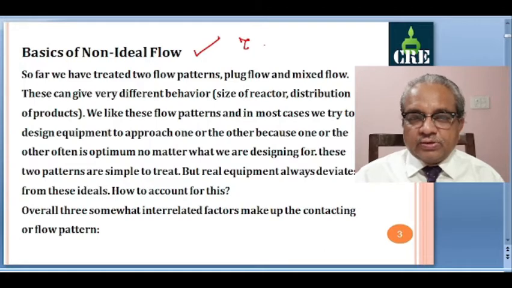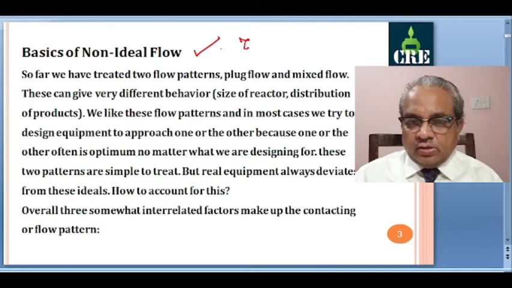But in practice that is not going to happen. V by v is tau, okay, but this tau will not be same for all the molecules entering the reactor and leaving the reactor.